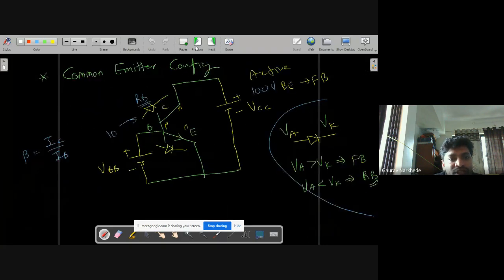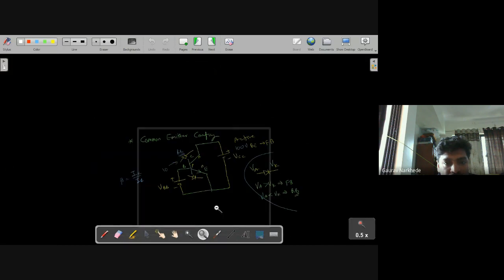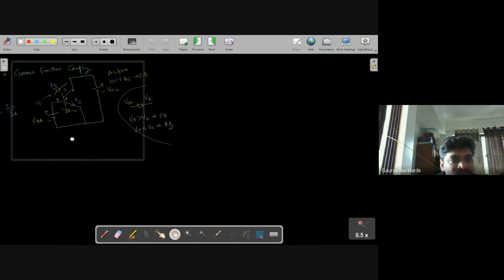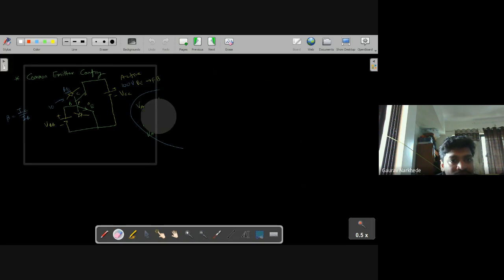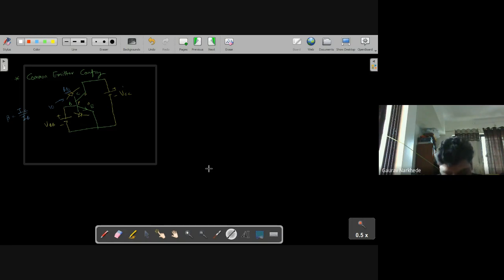So common emitter configuration is this one, right? Can you see this diagram properly? Yes, sir. Characteristics means what?